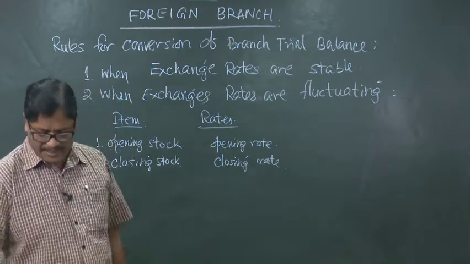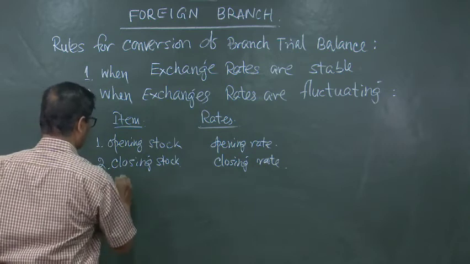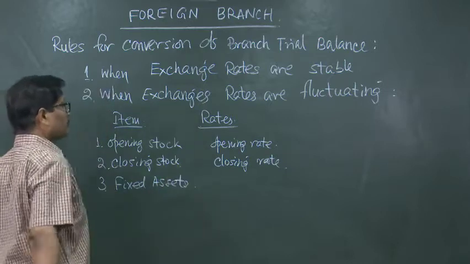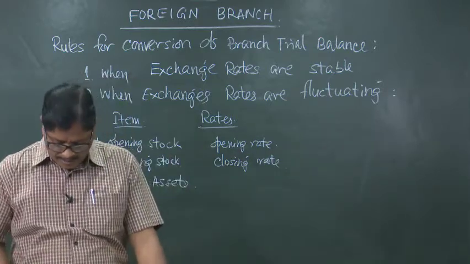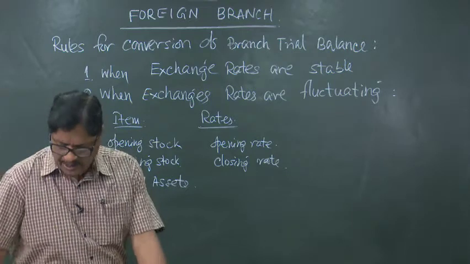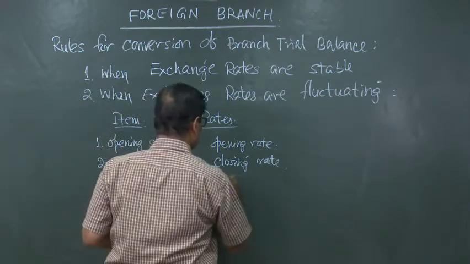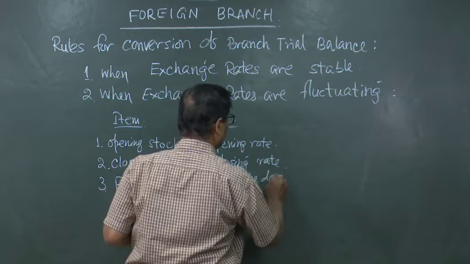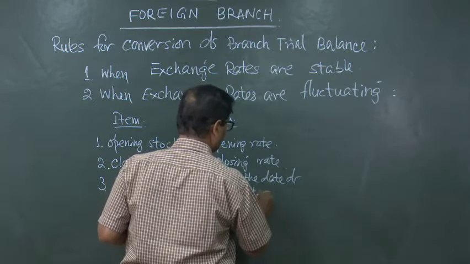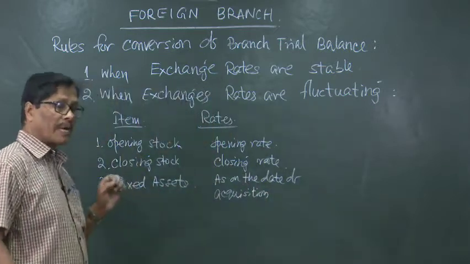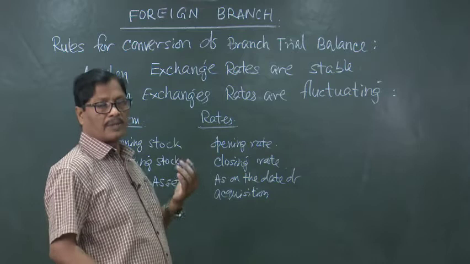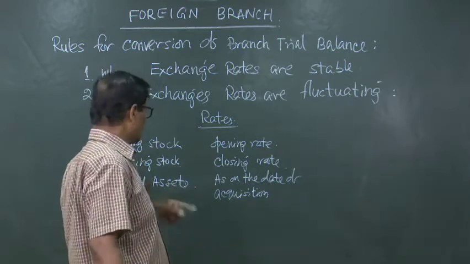The third one is fixed assets. Fixed assets will be valued at a rate at the date of acquisition or on the date of remittance. As on the date of acquisition of the asset, when the purchase of the fixed asset has been made, on that date what was the rate?